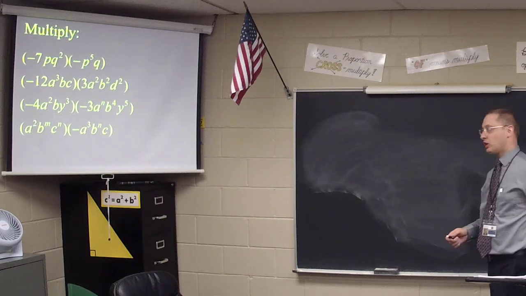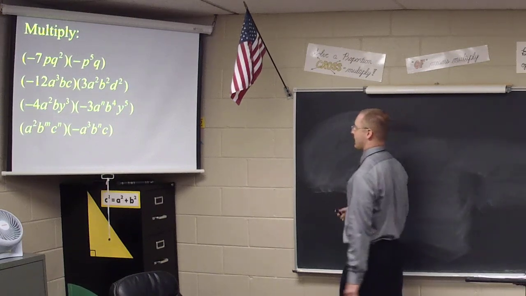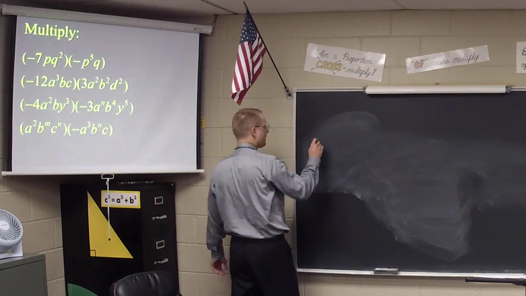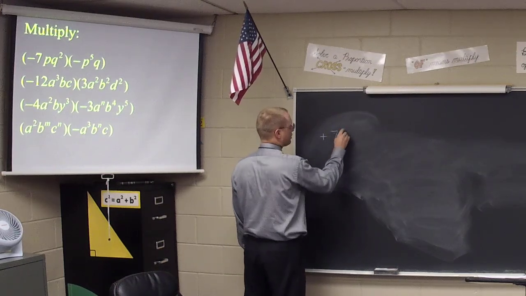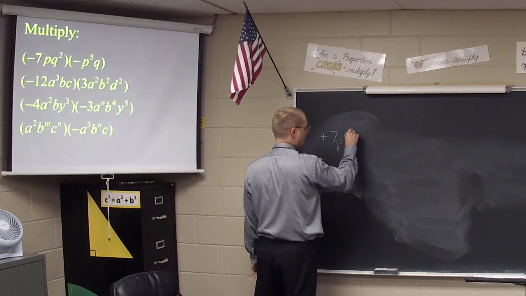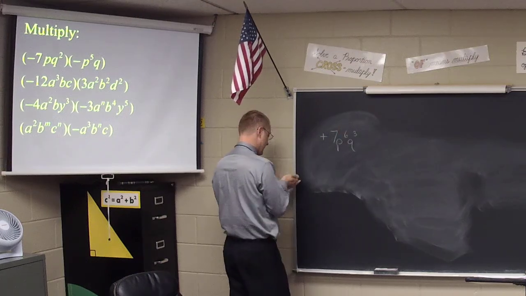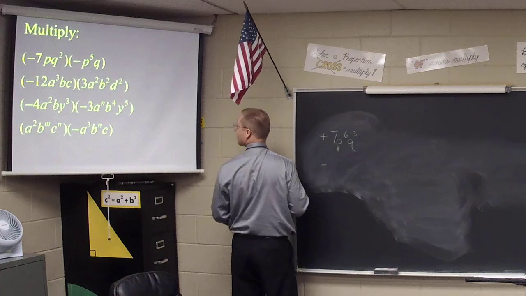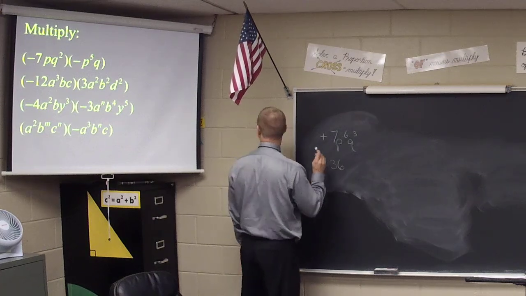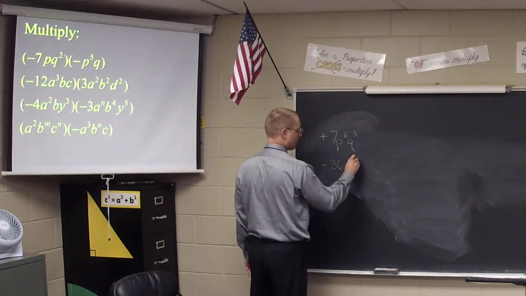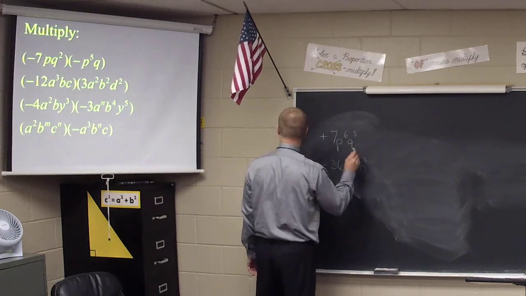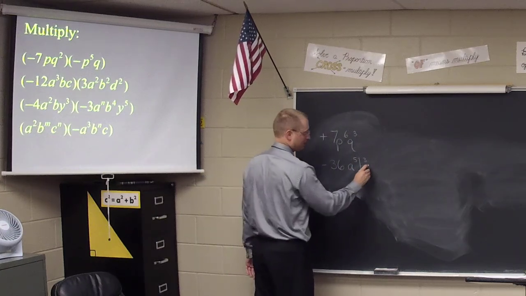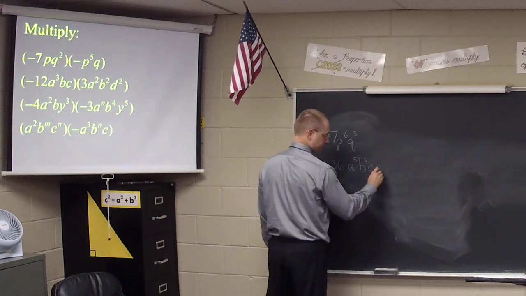All right, let's go over our answers here. On the first one, class, sign, positive. Number, 7. P to the 6th, Q. On the next one, sign, negative. Number, 36. A to the 5th, B, Q, C, D squared.